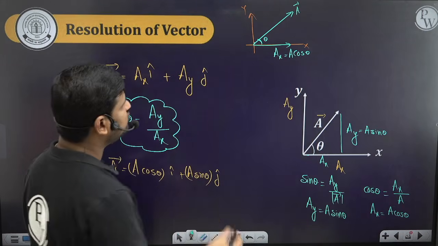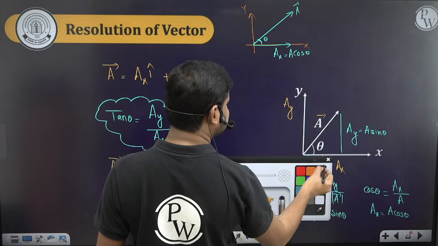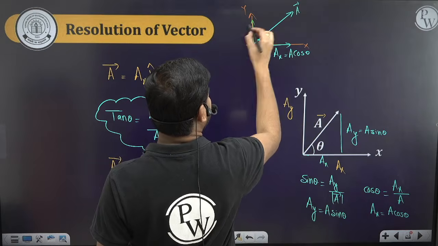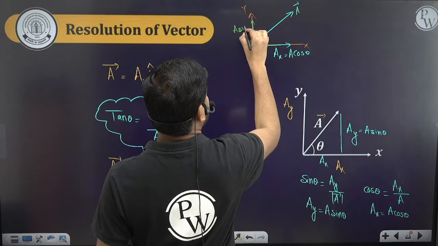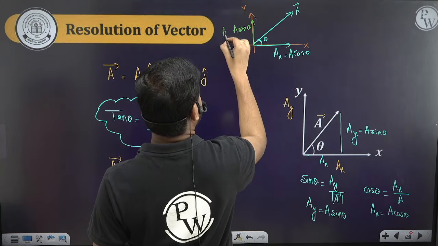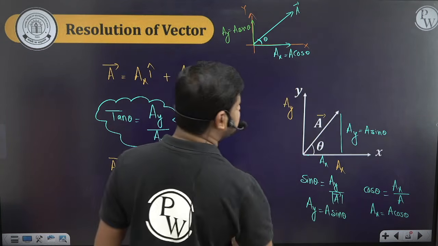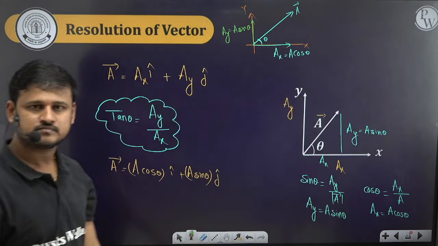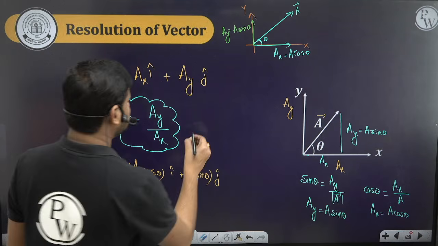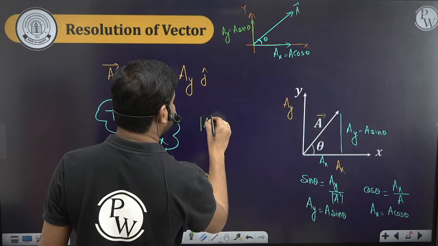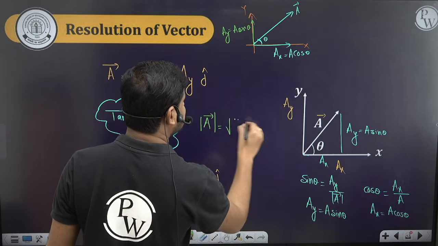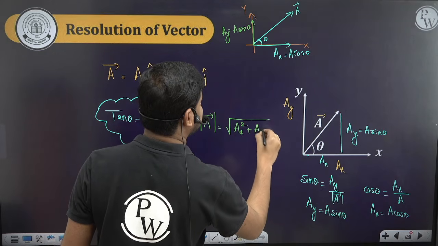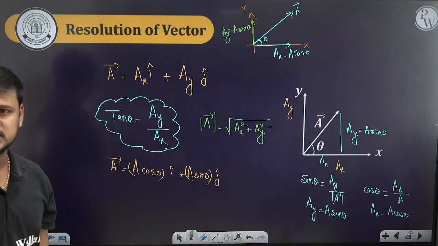To whichever side theta is not there, the sin component will come. So AX is A cos theta and AY is A sin theta. The vector's magnitude can be calculated from its x component squared plus y component squared.